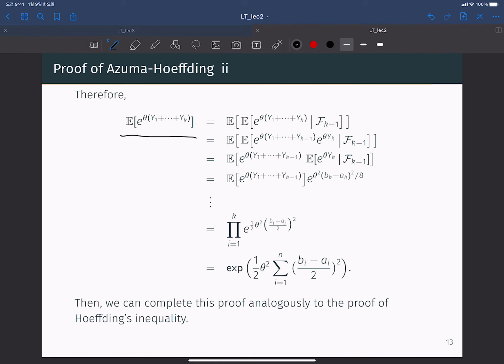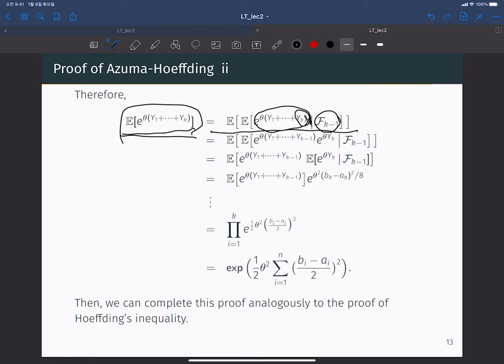So here, to apply Markov inequality and the MGF trick, essentially we need to upper bound this expectation of e to the zeta times y1 plus y2 plus up to yk. This is equal to this, for given filtration at point k minus 1. Here yk is not a given value but a random variable.